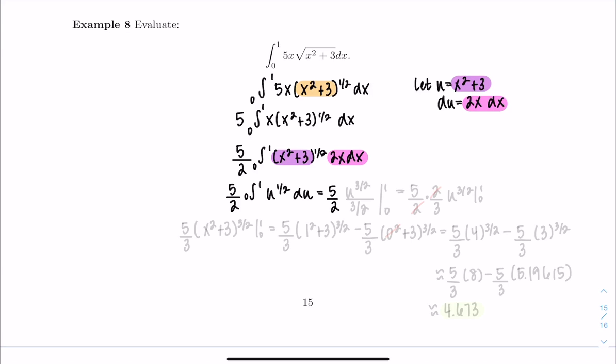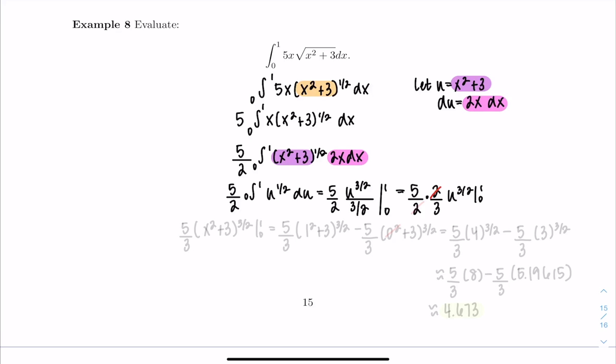And so that's 5/2. And then we get u to the 3/2 over 3/2. And this will be from 0 to 1. And so this really becomes 5/2 times 2/3 u to the 3/2 from 0 to 1.